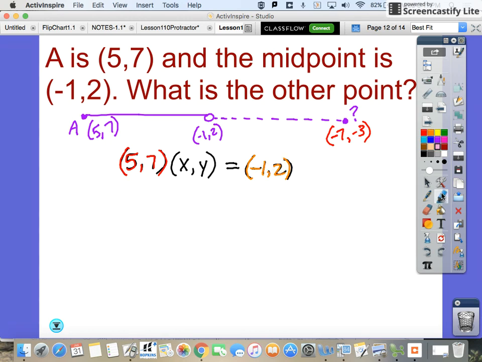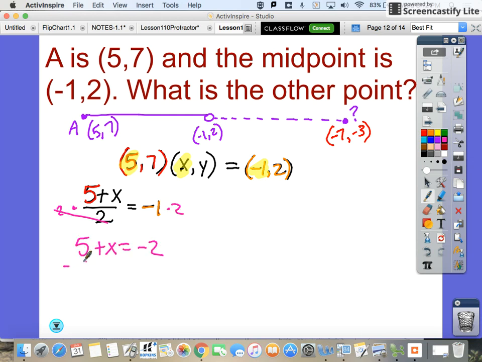So we go 5 plus x divided by 2 equals negative 1. Then same steps as before, we always have to multiply by 2 on both sides. 5 plus x equals negative 2. Minus 5. X is negative 7.